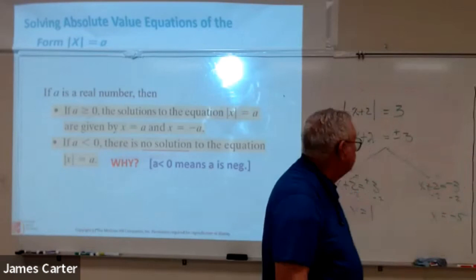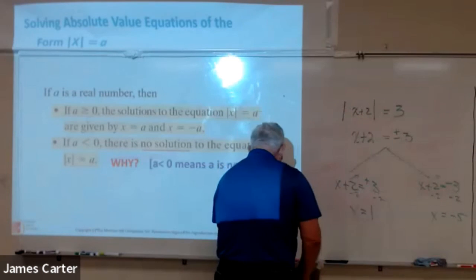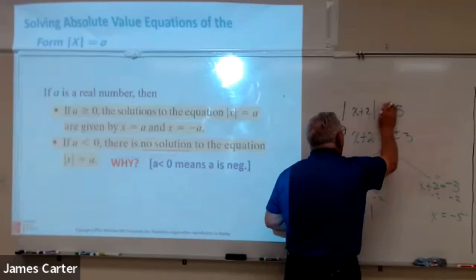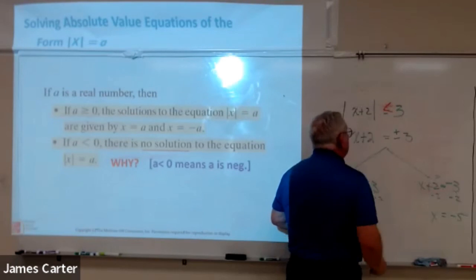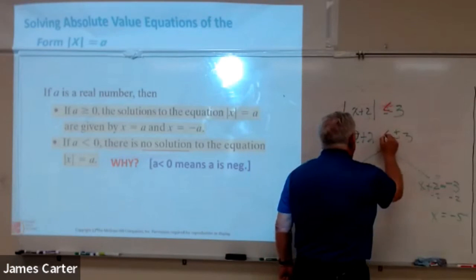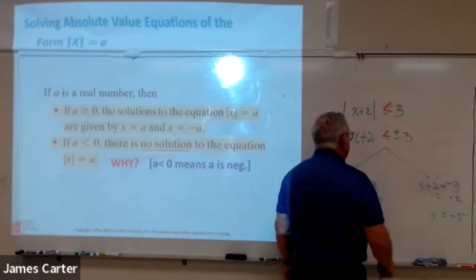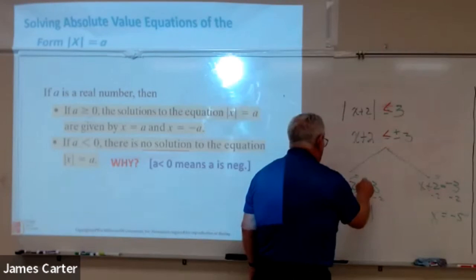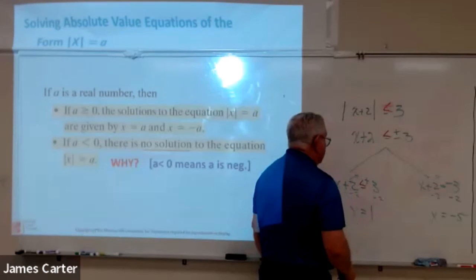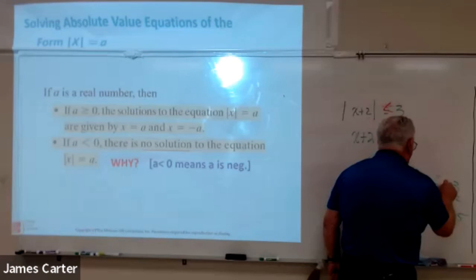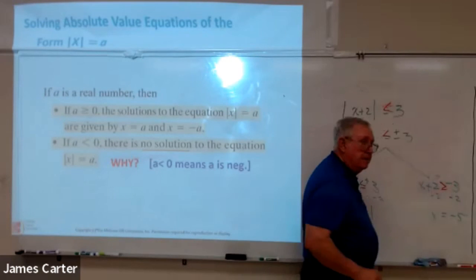So what if we had instead in this problem a less than or equal there? Right here, we would still have that. But down here, although we would still have less than or equal on the positive side, on the negative side we would have to flip.